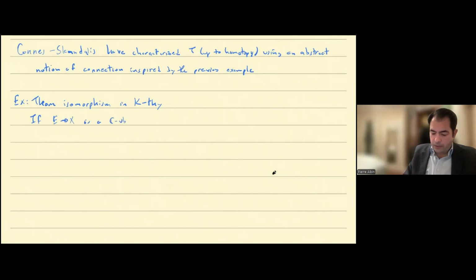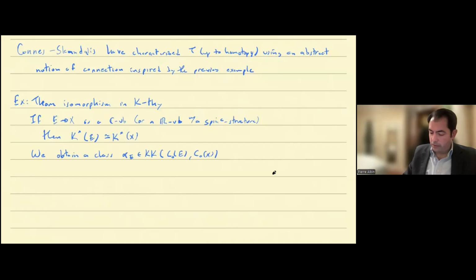If you have a complex vector bundle or a real vector bundle with a spin^c structure, then the topological K-theory with compact support of E is isomorphic to that of X. We can obtain a class alpha_E in the KK of C0(E), C0(X), in case X is not compact, from the family of Dolbeault operators on the fibers of E.